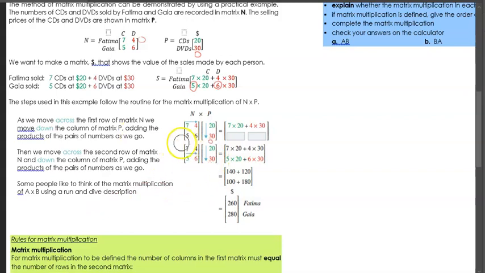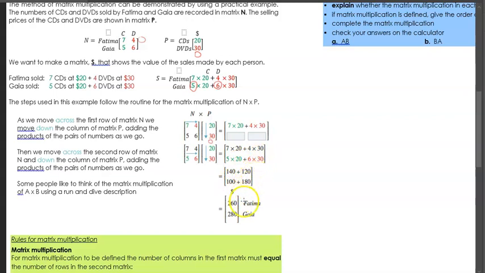You want to grab the first row and multiply it with each element within this first column, making sure that you add the multiplications as you go across. So 7 times 20 is 140, 4 times 30 is 120, 5 times 20 is 100, 6 times 30 is 180.